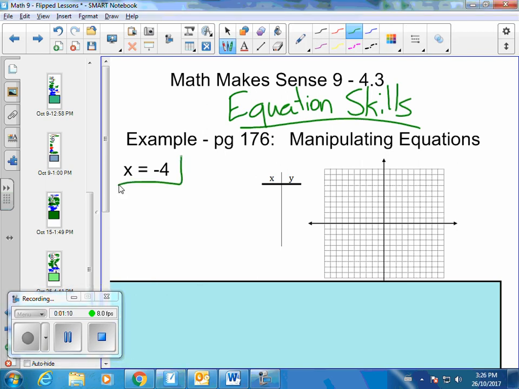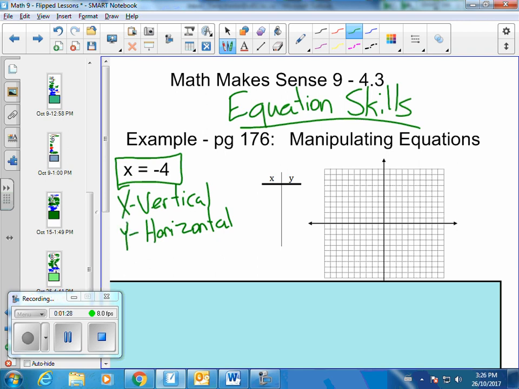What this means is that we either have a vertical or horizontal line, depending on whether this is an x-axis or a y-axis. So for instance, if I look at x equals -4, I have to count along my x-plane.